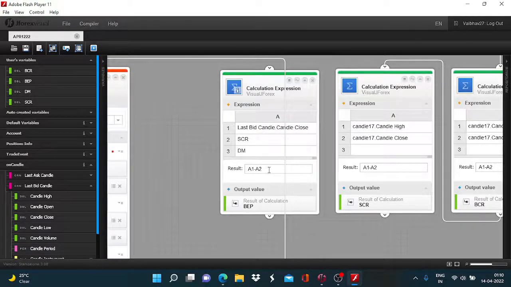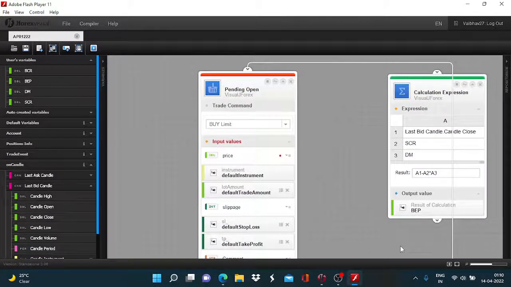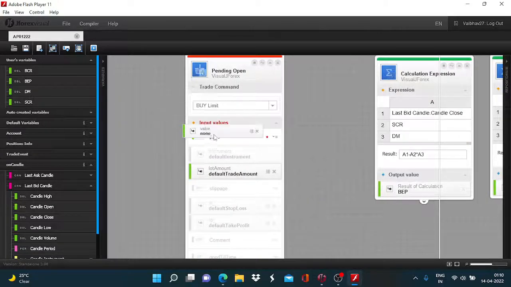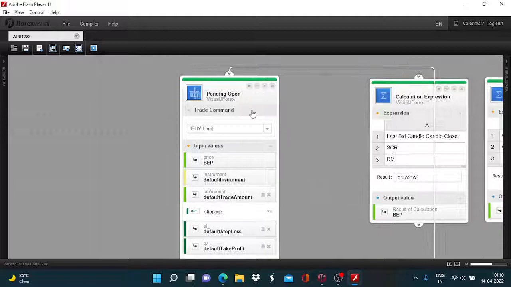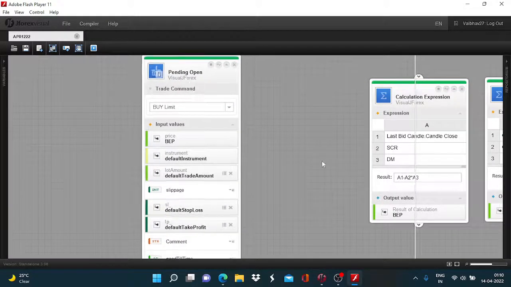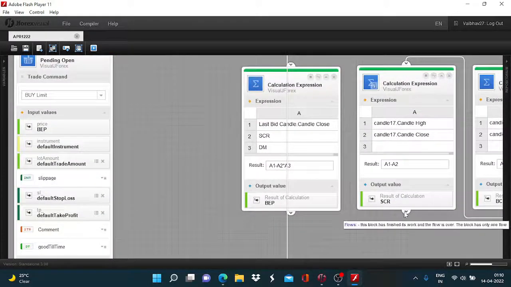And this will be A1 minus A2 multiplied by A3. Okay, this will be our execution point. This will be the order price point.